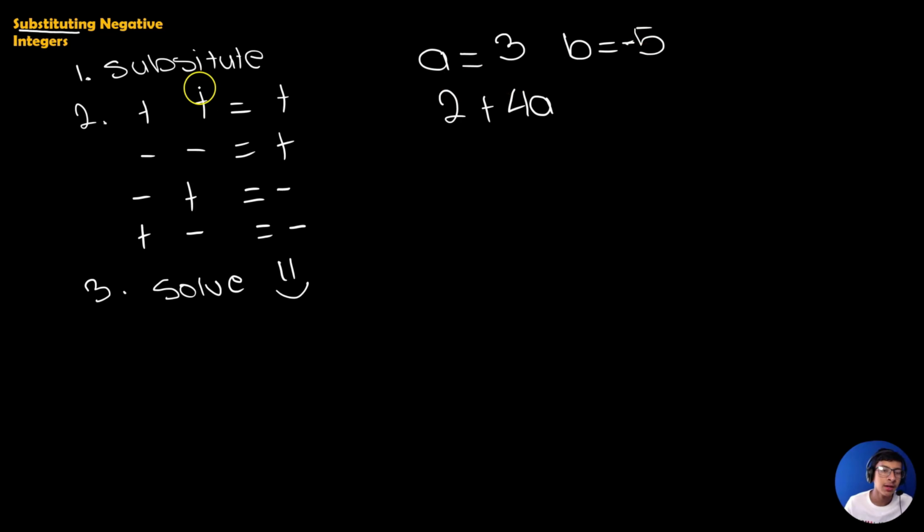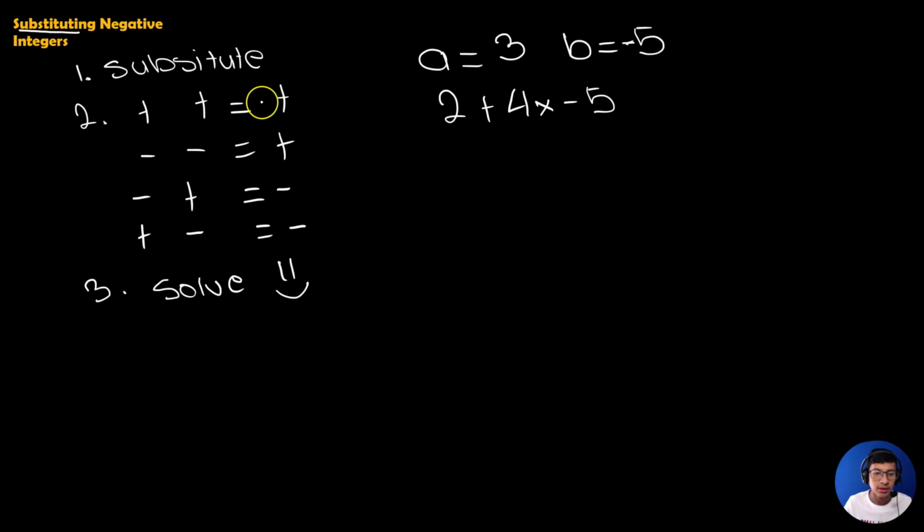So in this equation it is 4 times a. If we substitute a equals negative 5, and from our notes remember it was times, so 4 times negative 5. So our equation now is 2 plus 4 times negative 5.